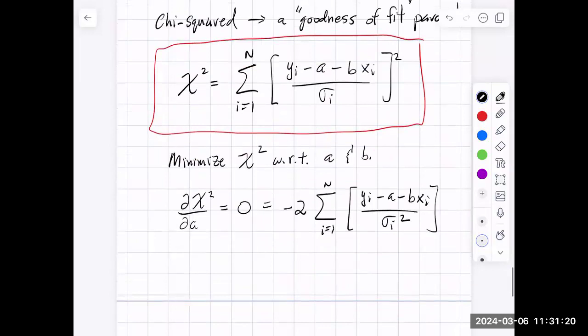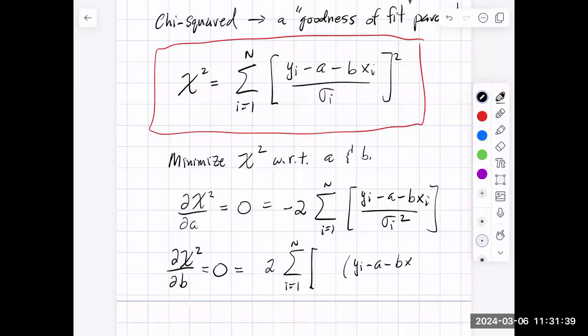And then we have to do d chi-squared with respect to b equals 0. Some of the stuff is going to be the same. So this time, I'll put my yi minus a minus b xi here.